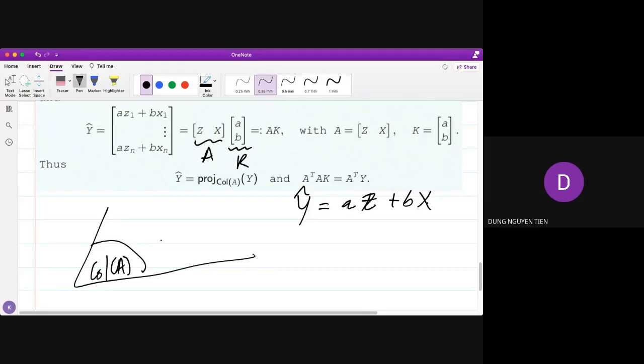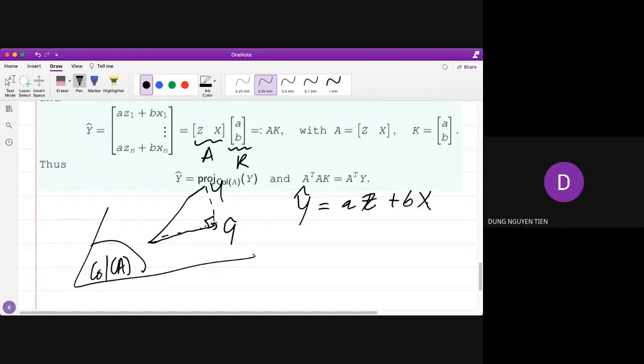And y is a given vector. Suppose that you get the vector y, and you want to find a vector in the column space of A which is closest to y. So you want to find the projection y hat of y, right? Y hat is simply the projection of y on the column space of A.